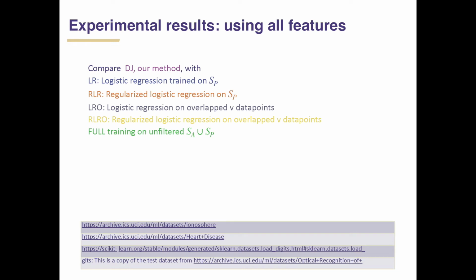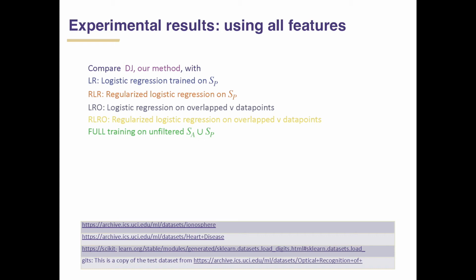We compared our method, which we call data join, with a bunch of natural things you might want to compare to see if there's actually any benefit to this approach as opposed to just ignoring the unlabeled data set. So we compared to just logistic regression on the labeled data set we have, and similarly regularized logistic regression on that same labeled data set.